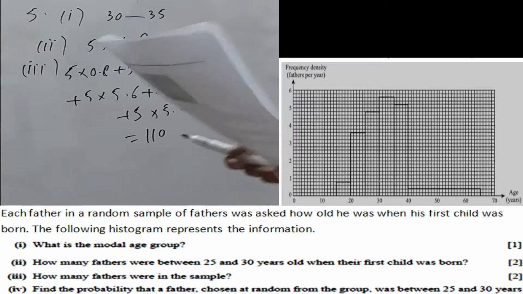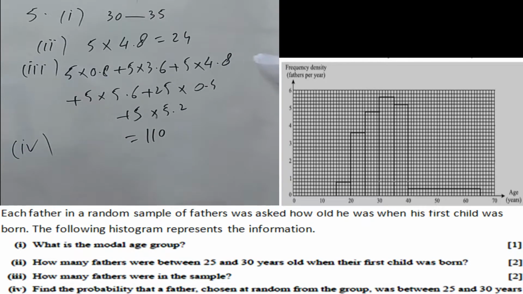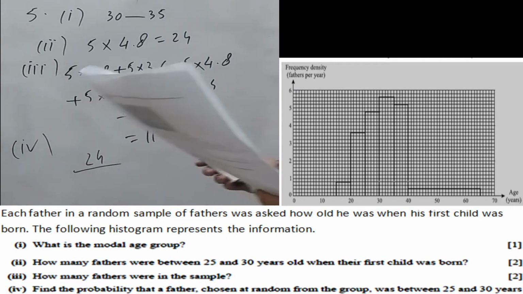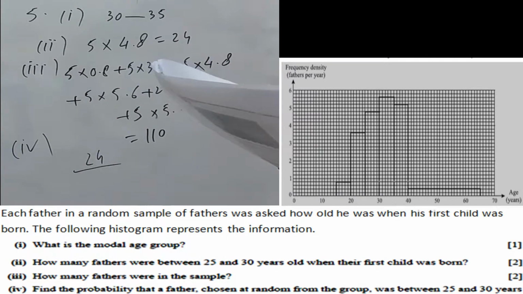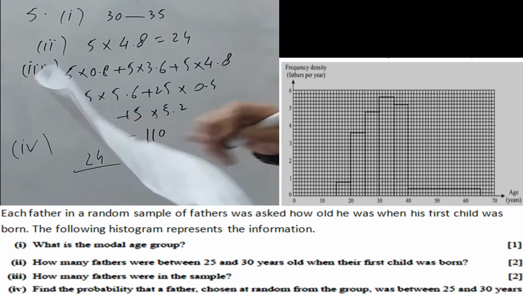Then we have the fourth part, the last part. The probability that a father chosen at random was between 25 and 30, given that he was older than 25 years. Between 25 and 30 was 24. Older than 25 years means you have only the 1, 2 and 3 rectangles.